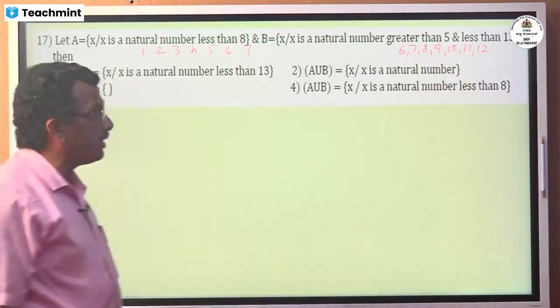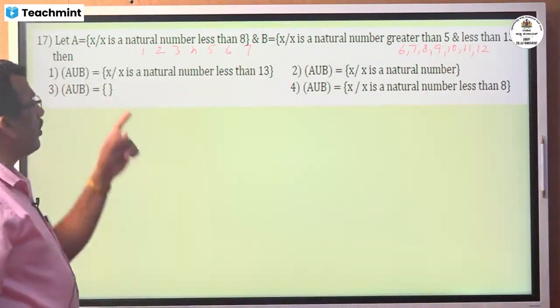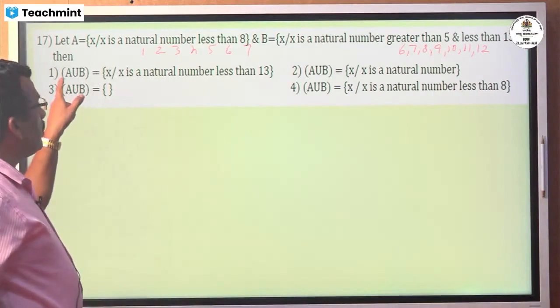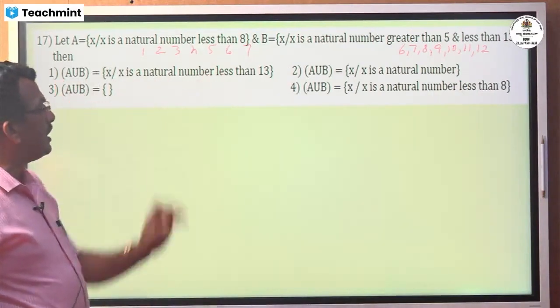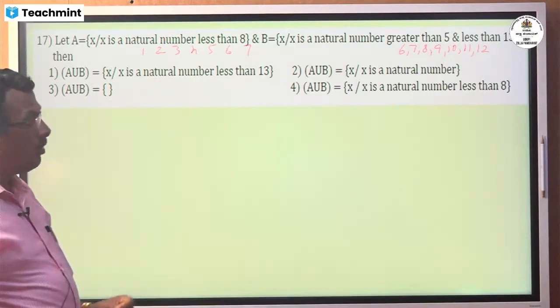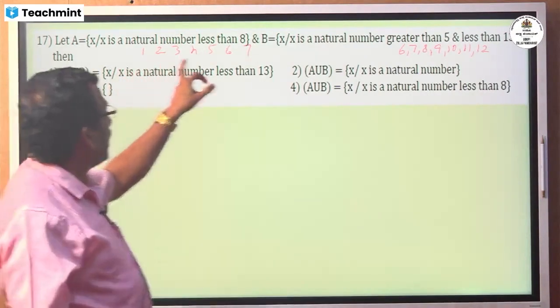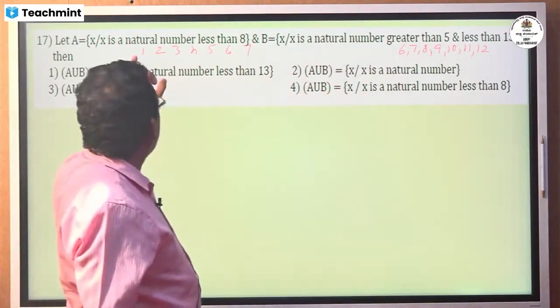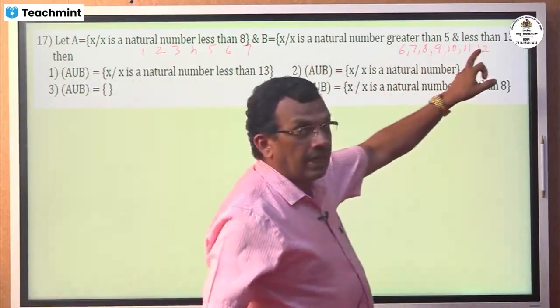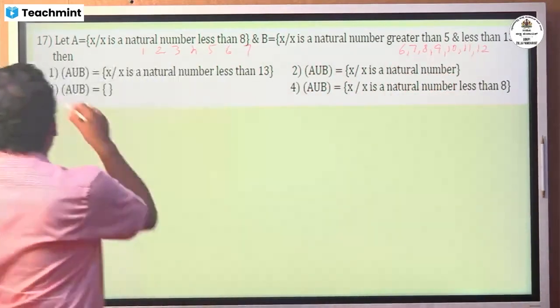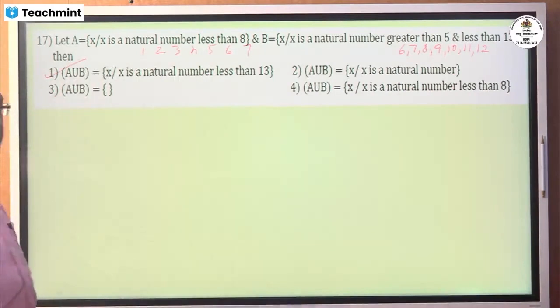Only this much. Then which one of the following is correct? A union B is a natural number less than 13. ಹೌದಾ ನೋಡ್ಕೊಳ್ಳಿ. ಯೂನಿಯನ್ ಮಾಡಿದಾಗ ಇದೆರಡನ್ನ ಒಟ್ಟು ಮಾಡಿದಾಗ ಏನ್ ಸಿಗುತ್ತೆ ನನಗೆ? 1, 2, 3, 4, 5, 6, 7, 8, 9, 10, 11, 12. Our answer is correct, and the option is the first one.